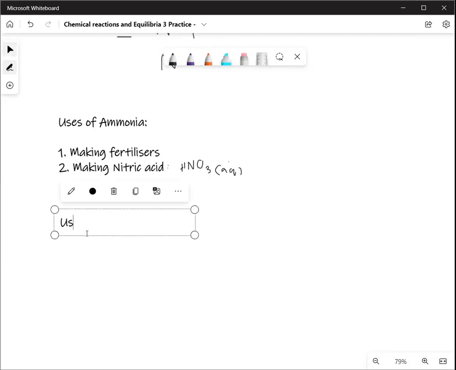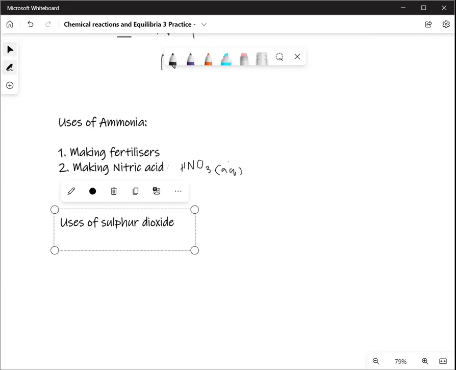What is the use of sulfur dioxide? Uses of sulfur dioxide. I'll tell you.